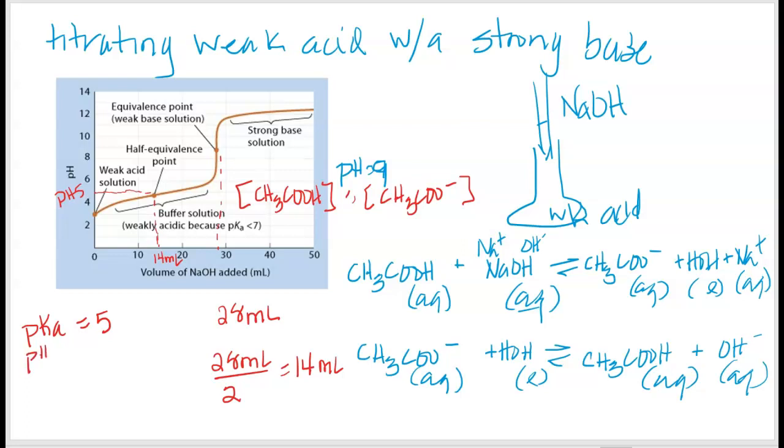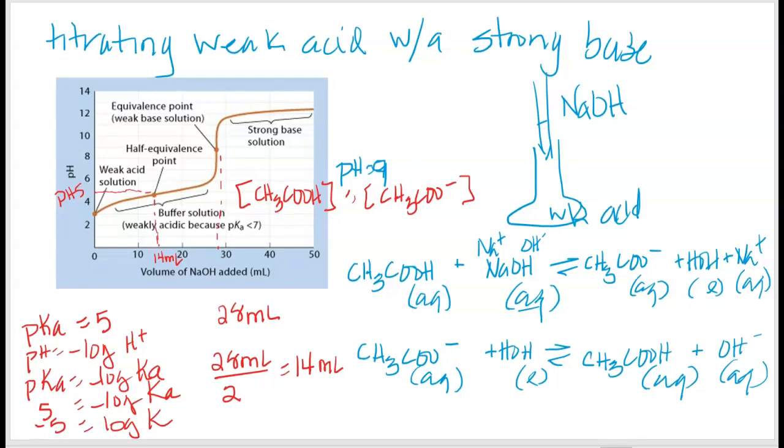Since pH equals negative the log of the hydrogen ion concentration, pKa equals negative the log of the Ka. So if pKa is 5, that means that negative 5 equals log Ka, and we take the inverse log of both sides. 10 to the minus 5 equals 10 to the log Ka.